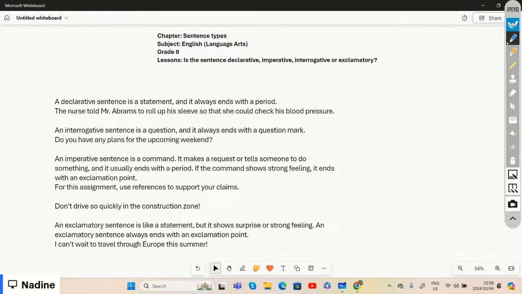Another example here is: the nurse told Mr. Abrams to roll up his sleeves so that she could check his blood pressure. So a declarative sentence is basically just a statement and it always ends with a period. Just a dot, a period.